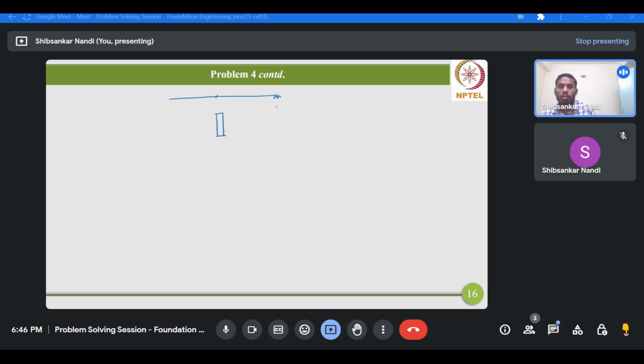So this is the ground, this depth He by 2 and this B He by 2 as assumed. Okay, we have assumed this.